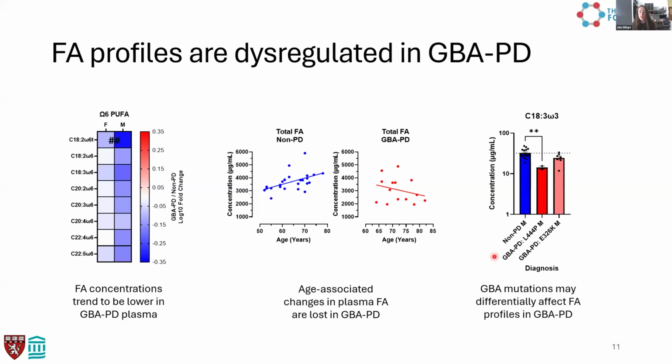And we have identified some differences based on the GBA mutation and how this is affecting fatty acid concentrations. And this has important implications for therapeutic development. I've also looked at all of this data with the percent composition of each fatty acid, and just for the sake of brevity, I don't have time to talk about that today.